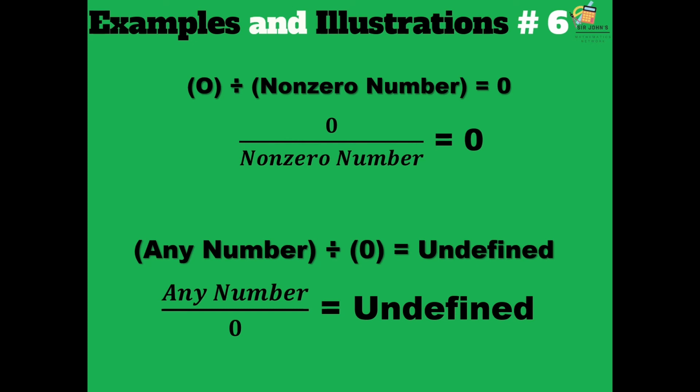Kapag sa calculator, pinlog in natin yan, let's say for example, negative 1000 or positive 1000 divided by 0, ang lalabas sa calculator is either error or syntax error. Ibig sabihin, walang sagot.